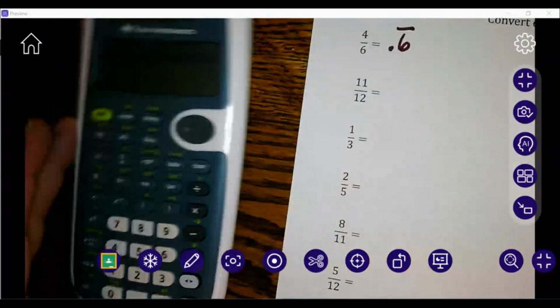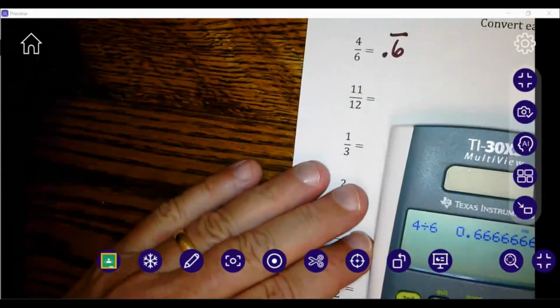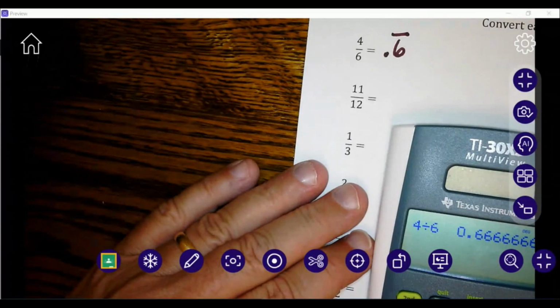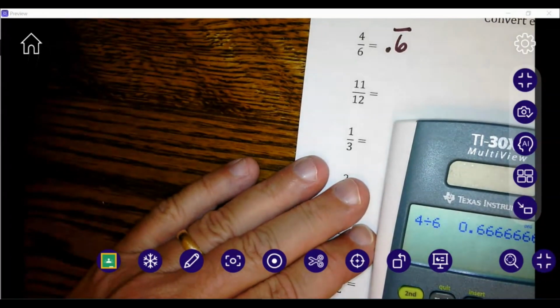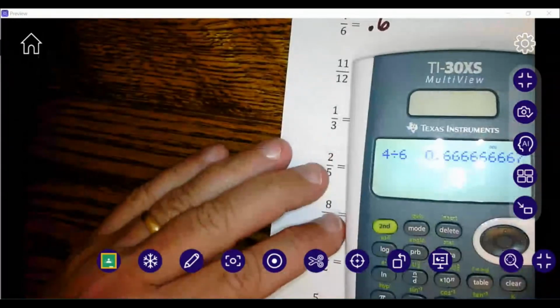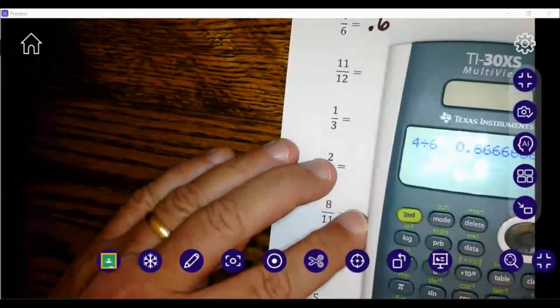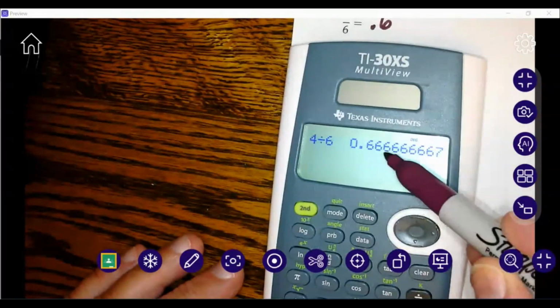If we were told to round it, let's say for all of these, we're going to round to the nearest hundredths. Hundredths is 2 decimal places. So on my calculator, I can see that I have 0.66.